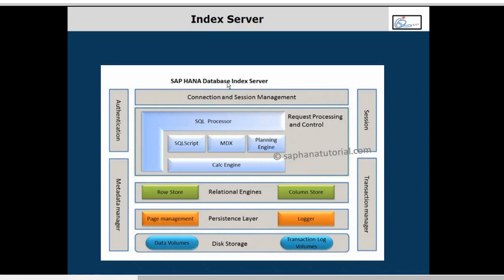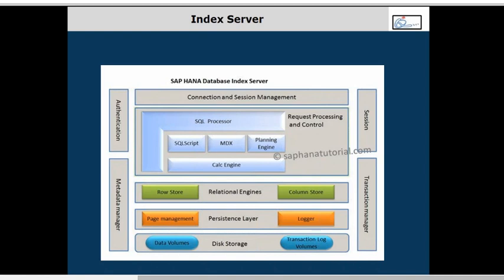Now let's say you connected to a HANA database and opened a SQL editor, which is actually a session. In this session, you fire a select statement, select star from this table. When I fire a query, it sends that request to my HANA server. I just created a session and I am trying to do some operation.